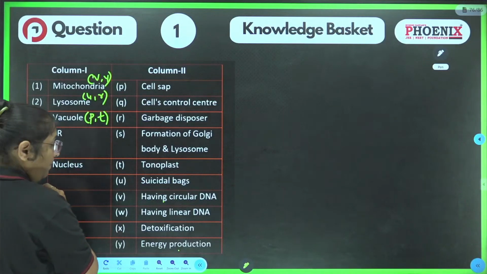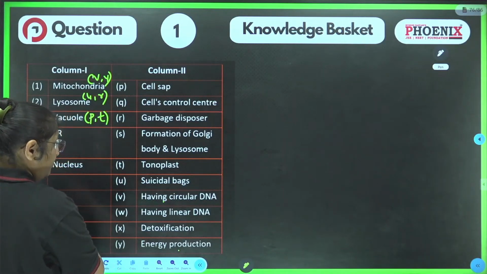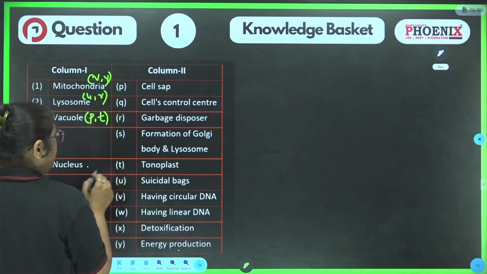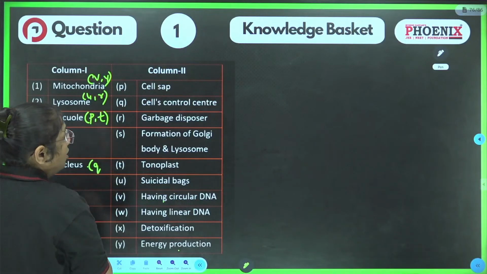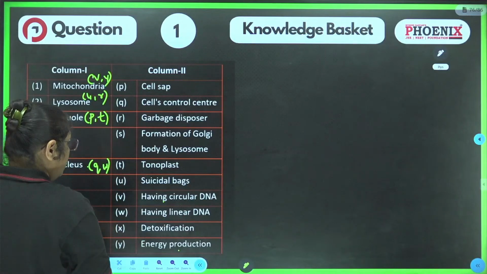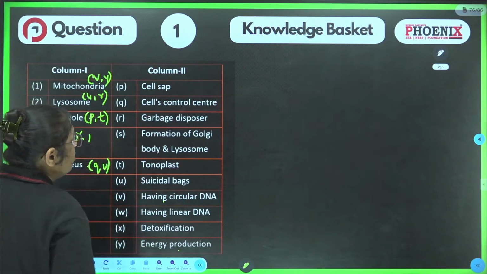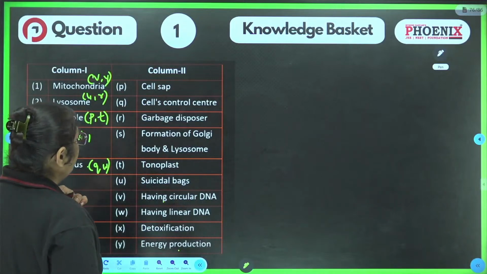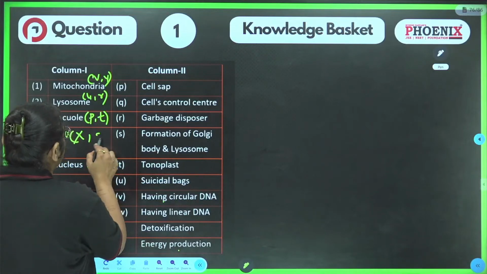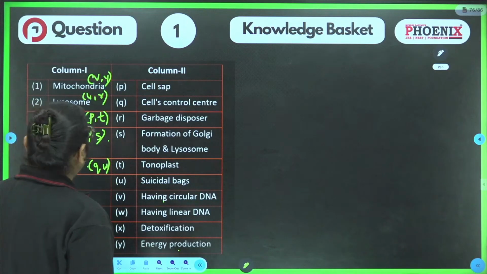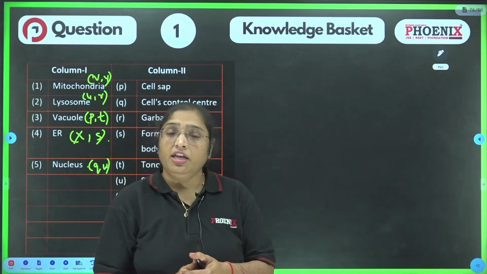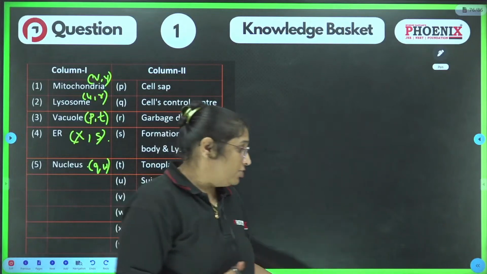Endoplasmic reticulum, ER. And nucleus is the control center and has linear DNA. So here it is X, detoxification and formation of Golgi body and lysosomes. Okay, so here our module 70 questions has been completed. If you have any query, you can comment in the comment section. Thank you.